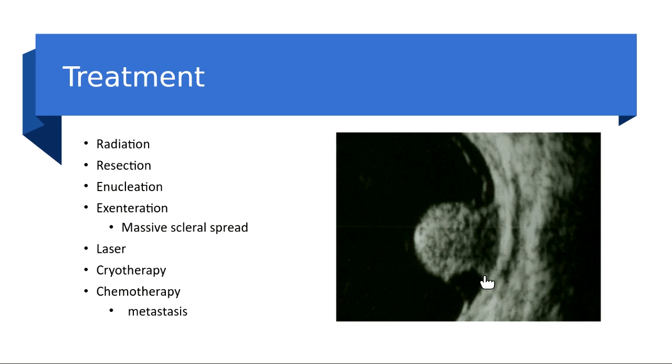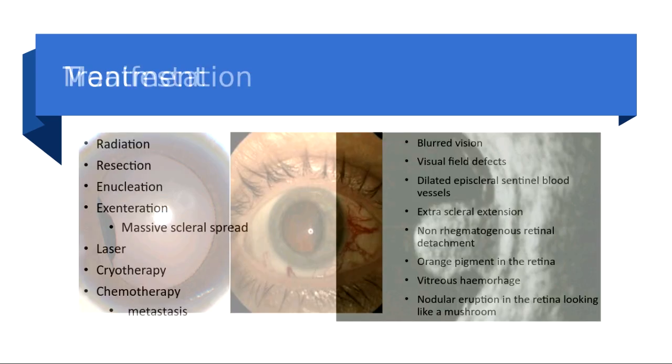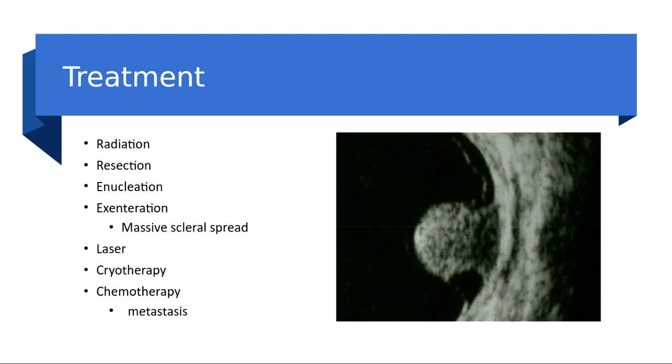This is only seen in melanoma. So if you have a patient and you're not sure, you order an ultrasound and you see a nodular eruption in the retina looking like a mushroom, you're like, yes, we're good to go. We know it's a uveal melanoma.